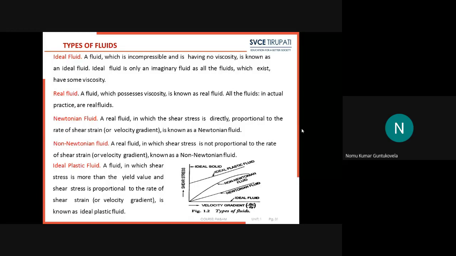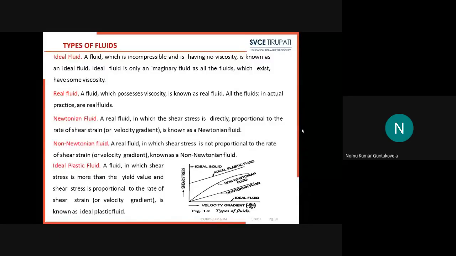The Newtonian fluids are real fluids where the shear stress is directly proportional to shear strain. Where the shear stress is not proportional to the shear strain, it is known as non-Newtonian fluids. Listen carefully.